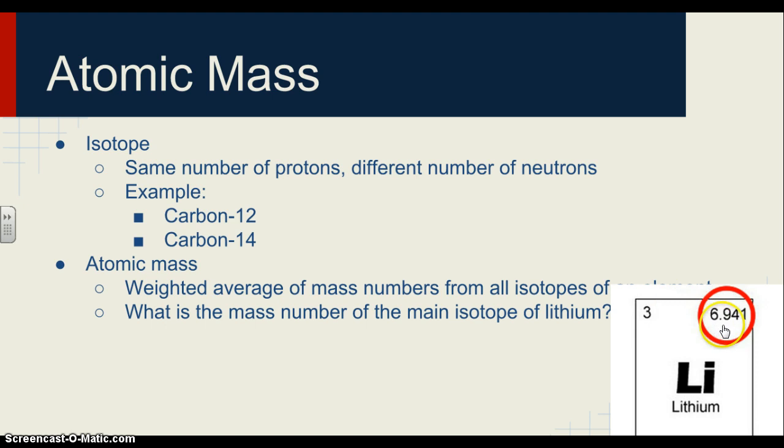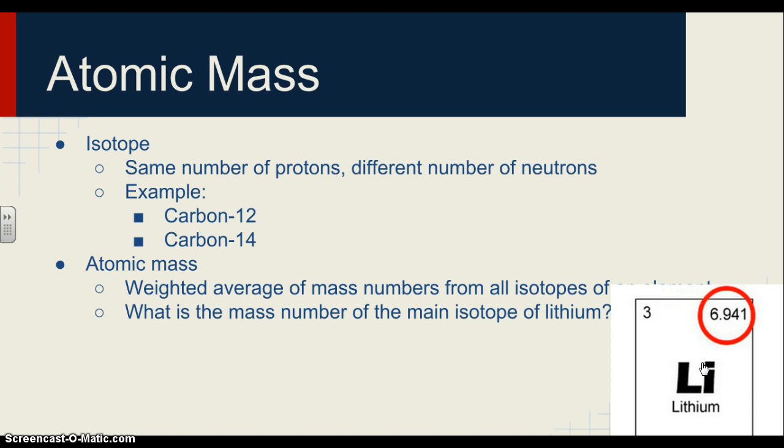So, if we take a look at lithium here, we can see that lithium has an atomic mass, again that's a weighted average, of 6.941. So, I will tell you there are two isotopes of lithium, lithium-6 and lithium-7. So looking at this mass number here, which one do you think is the main isotope, the one that there's the most of?